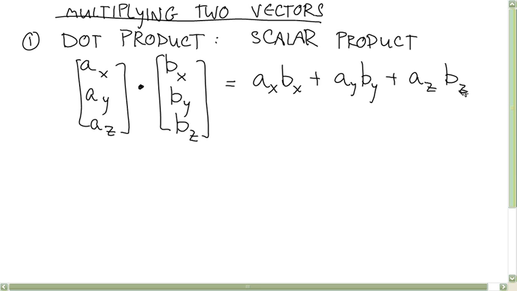Okay, that's a scalar value, just a single number. And notice that if you're doing this in 2 dimensions, this formula works. az and bz are just equal to 0, so your last component here is equal to 0.